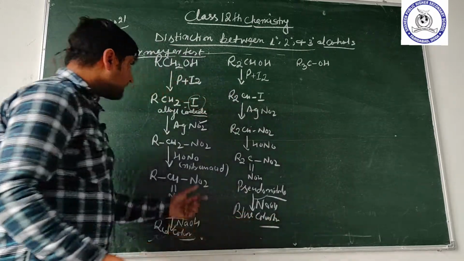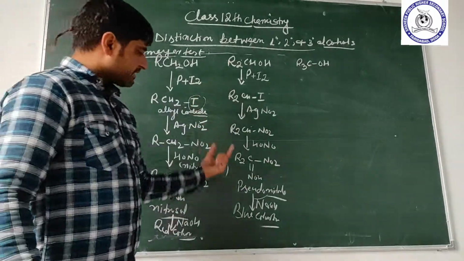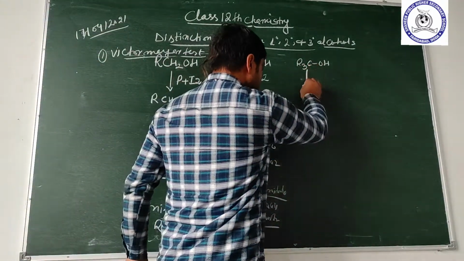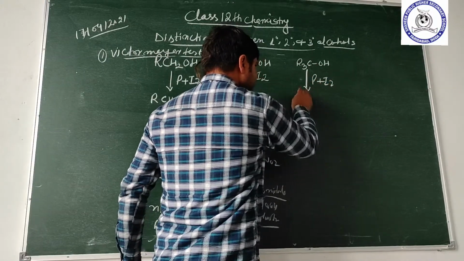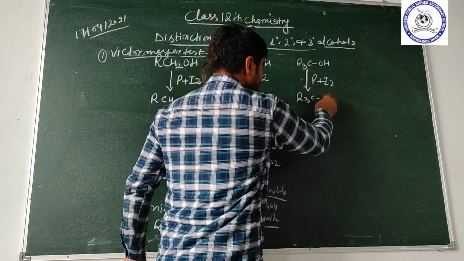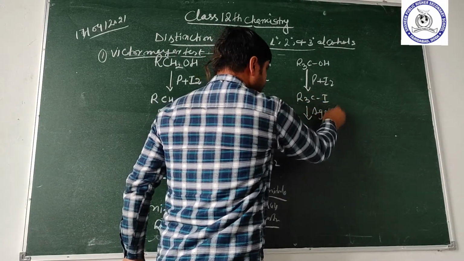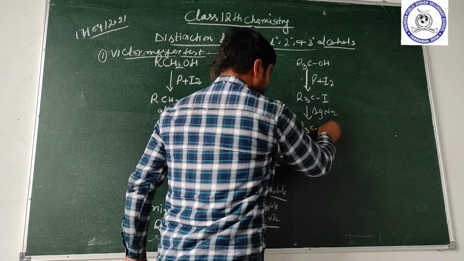In the Victor-Meyer test, primary alcohol gives red coloration, secondary alcohol gives blue coloration, and tertiary alcohol reacts with phosphorus plus iodine. The first step is the same, R3CI. The second step is again the same, R3CNO2.